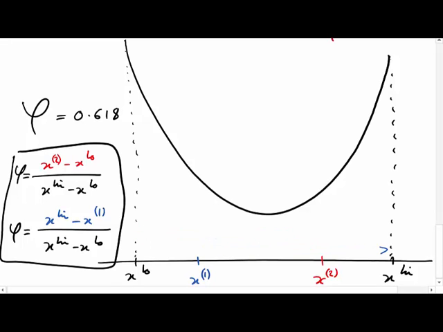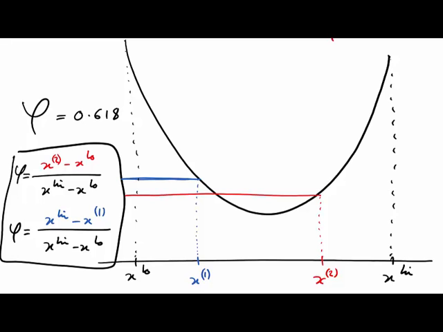Now what we're going to do is look at the function values at these two points: the function value at x1 and the function value at x2. We're minimizing, so we want the lower function value, because the minimum will be the lowest function value.